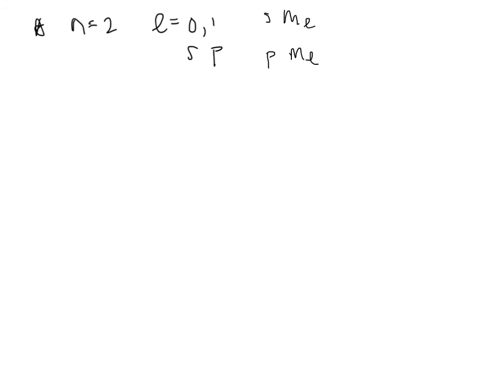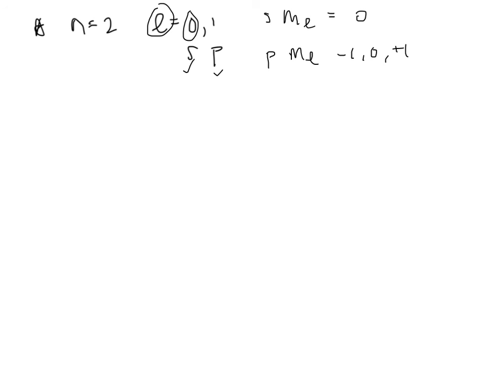So what do I mean by that? I mean that the L values that you have here represent that you have s and p orbitals. We use the values here to represent my m sub l. So my m sub l for the s orbitals obviously is going to be 0. My m sub l for my p orbitals are going to be -1, 0, +1.